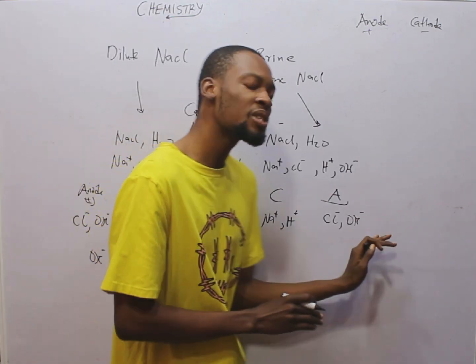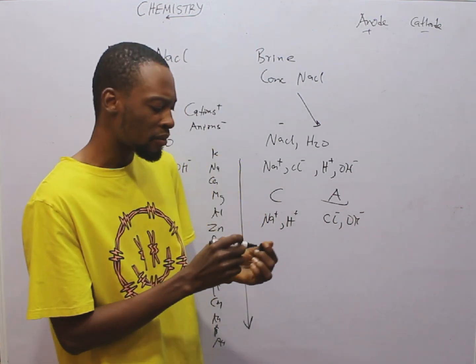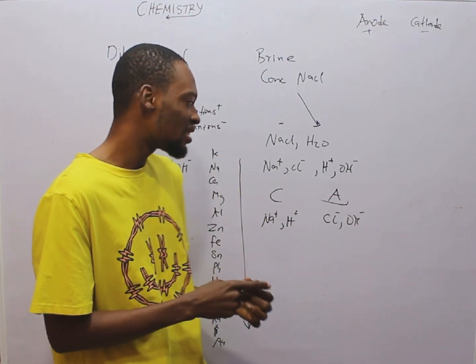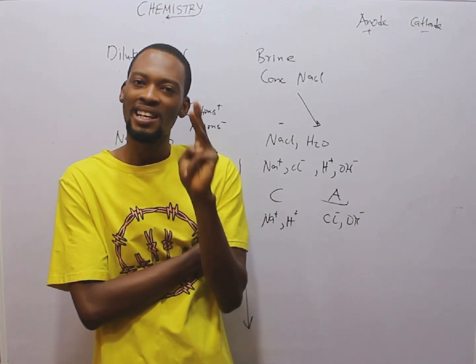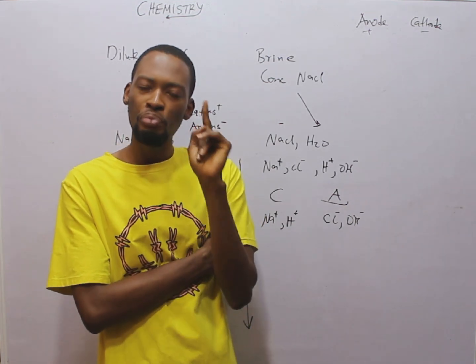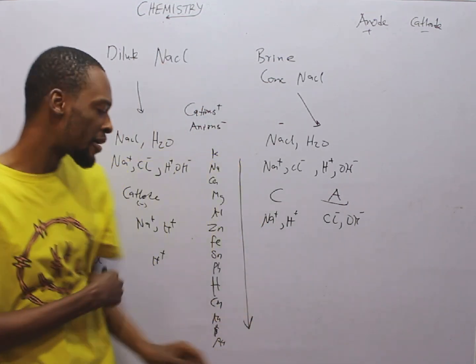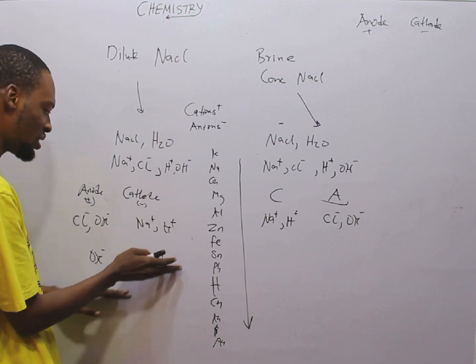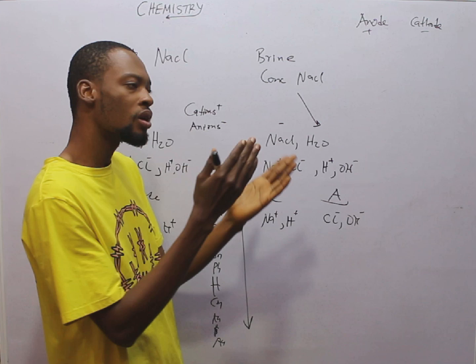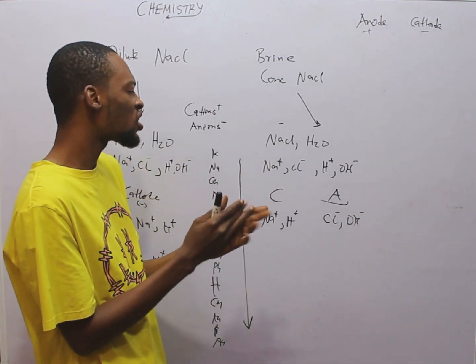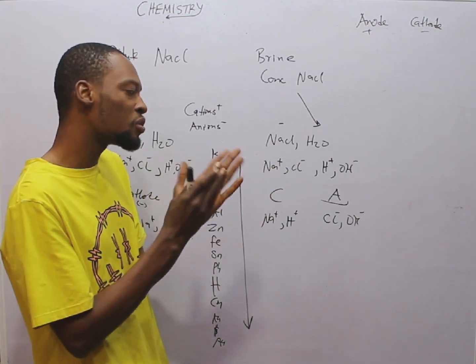But for concentrated sodium chloride, remember, preferential discharge is a result of three factors. One, position in the series. According to position in the series, these ions are being discharged. Another one is concentration. The more concentrated you are, the easier it is for you to be deposited.